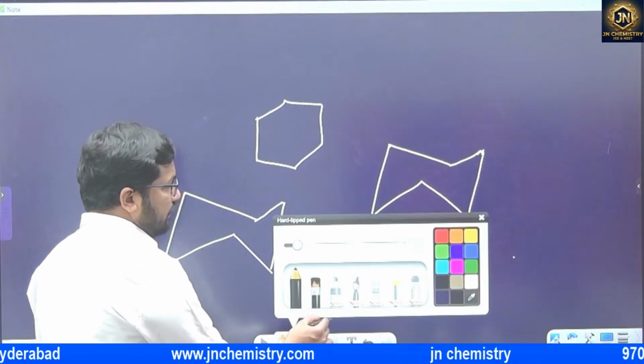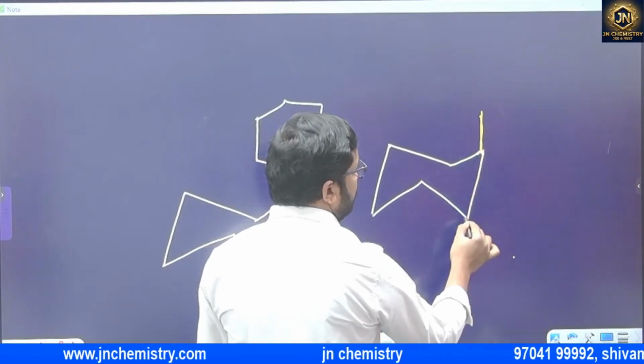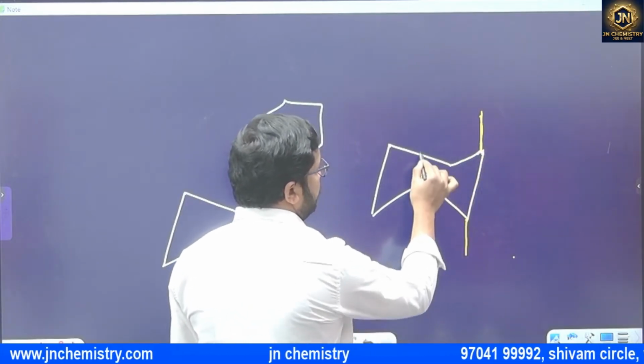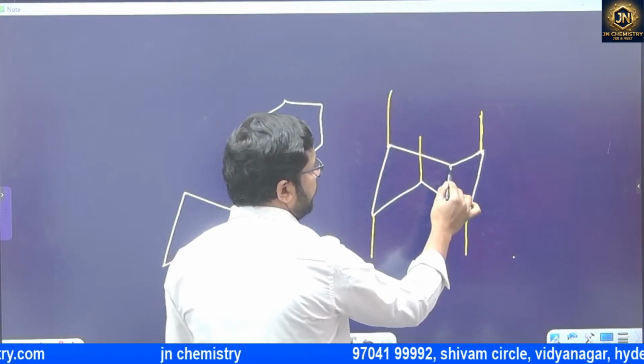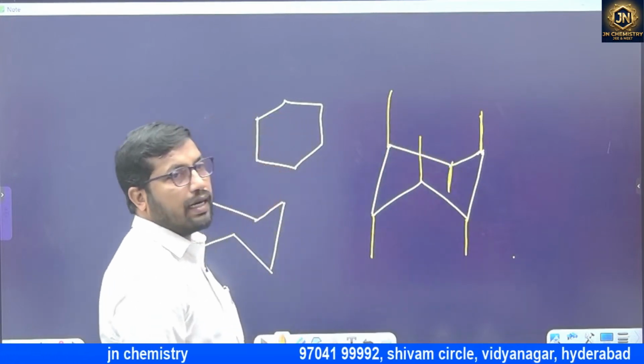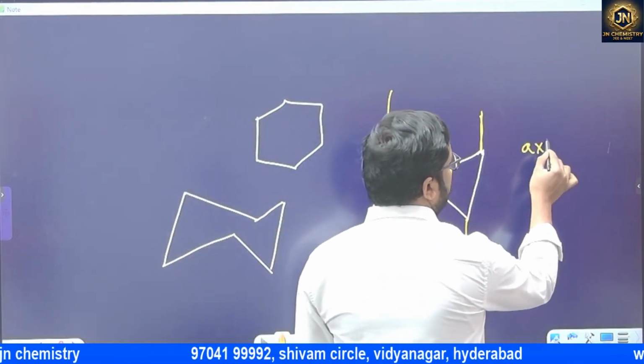Now try to understand: this is above, below, above, below, above, below. All are axial.